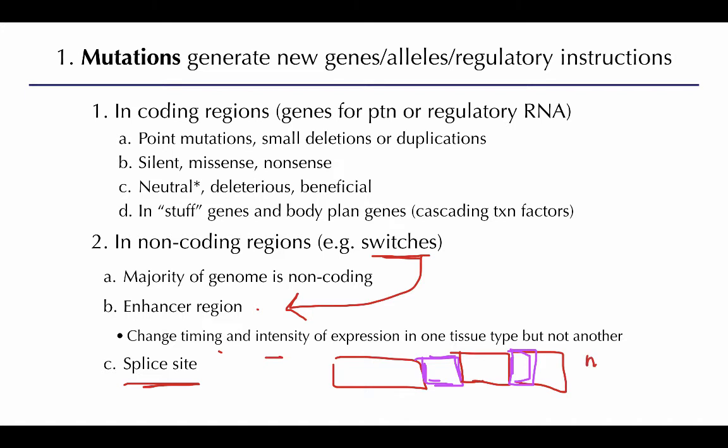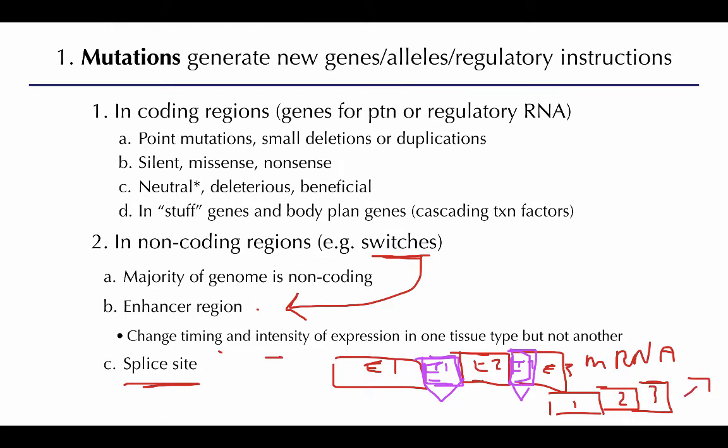In the mRNA, there's parts that are called exons, E3, and there's parts that are called introns. So it's going to be I1, I2. And typically the introns are spliced out, meaning that they're cut out and you're left with just the exons in your mRNA. And those are what get translated into polypeptide and folded into a protein.